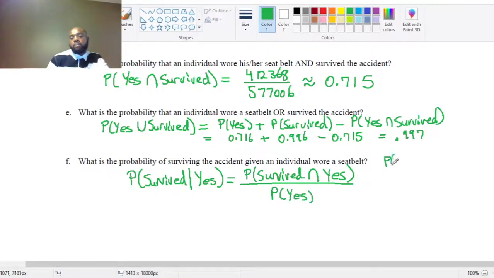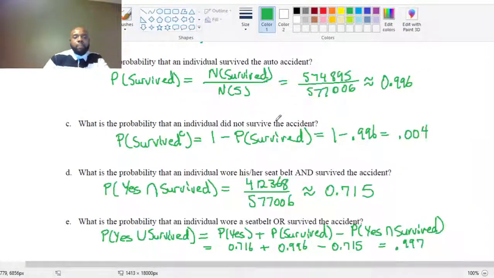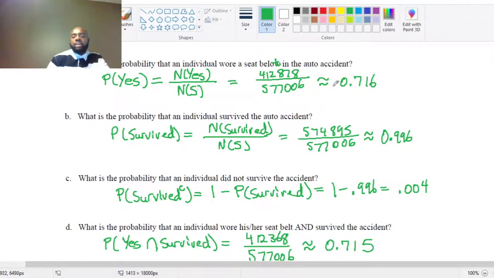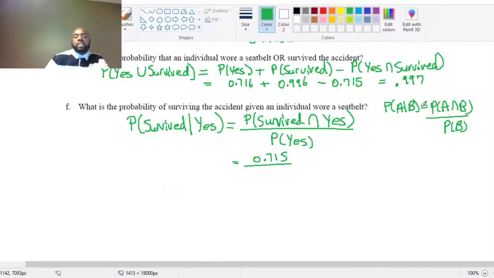So remember we had the probability of A given B equals the probability of A and B divided by the probability of B. And so if I write that there, the probability of survived and yes is exactly the same as yes and survive, right? The order doesn't matter. So that's 0.715, and I divide that by the probability of yes, which was found in the beginning, 0.716.